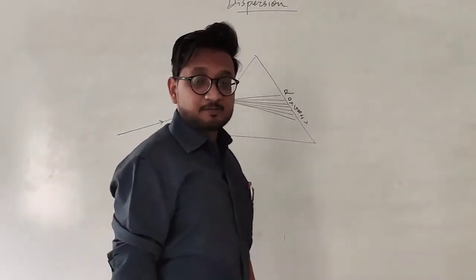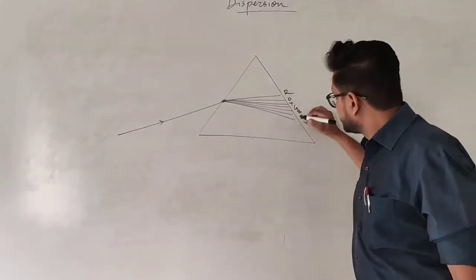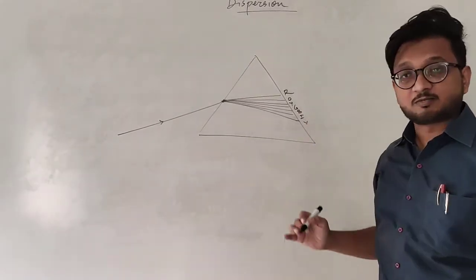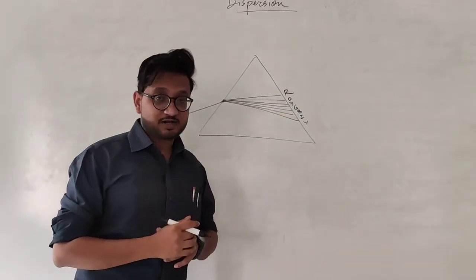So it splits up into all its constituent colors. The bottom one is violet and the topmost is the red color.